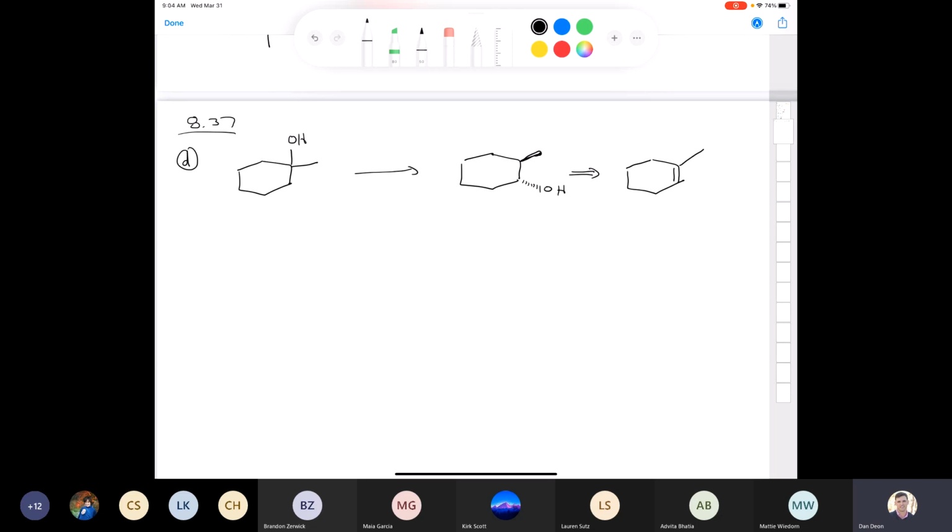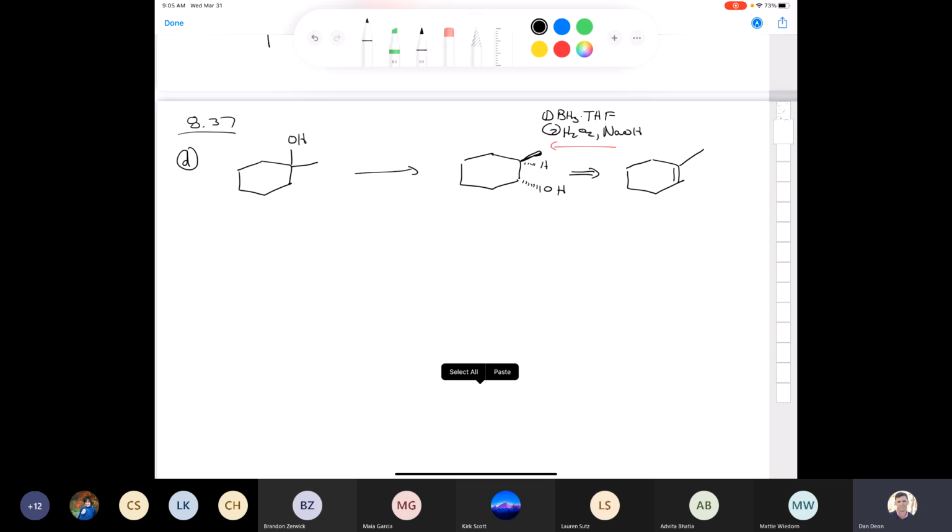Could I go from here to here really quickly and say, yeah, that's just an anti-Markovnikov syn addition of water, right? The hydroxyl and the hydrogen both get added to the same face of the molecule. That's step one, borane THF followed by hydrogen peroxide and sodium hydroxide. Hey, I know that one pretty well.